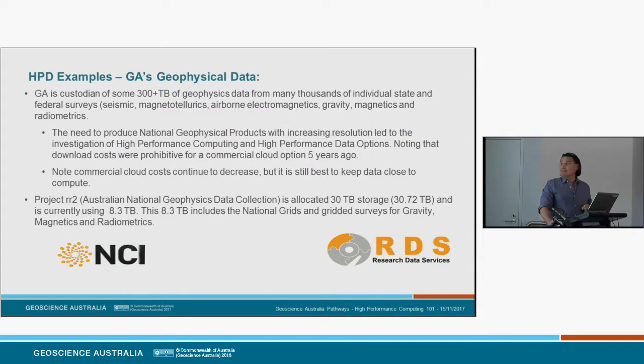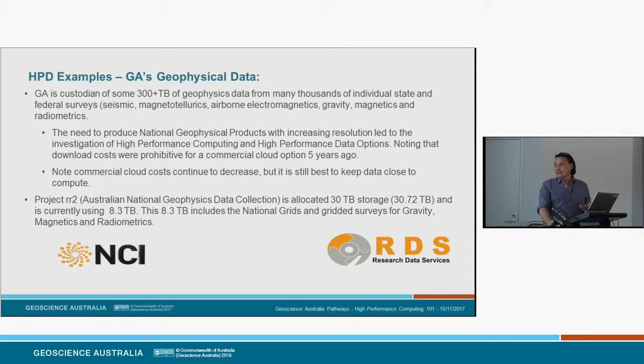So I mentioned the geophysical data. There's some 300 terabytes, and that's set to increase. There's the exploration for the future program. So all of the workflows that we've been developing for the legacy data sets, we've developed with an eye to the large amount of data that's going to be coming in. And we have the National Geophysics Data Collection as part of the research data services.